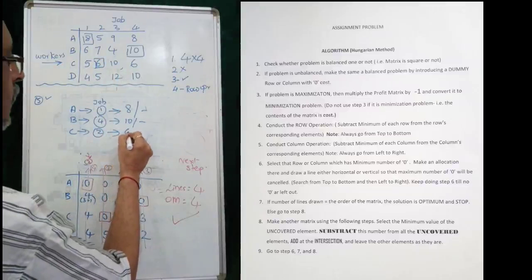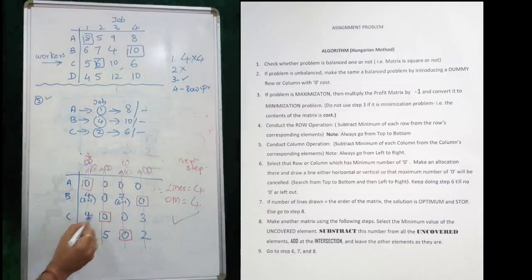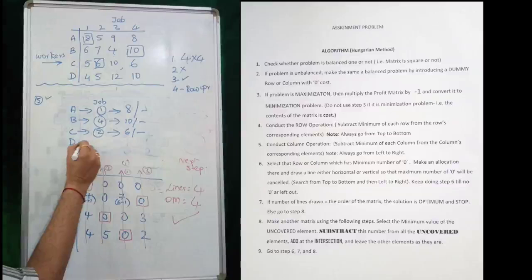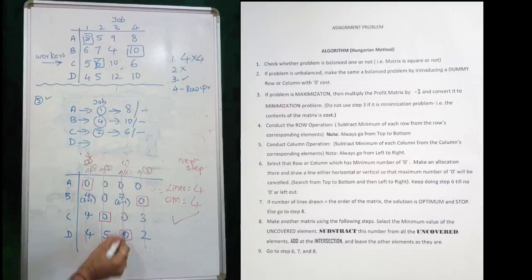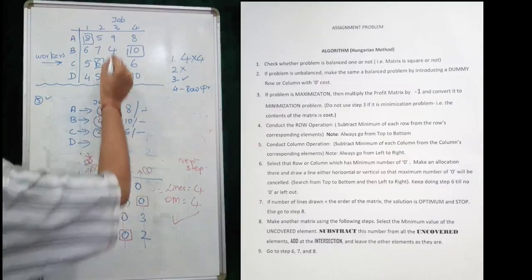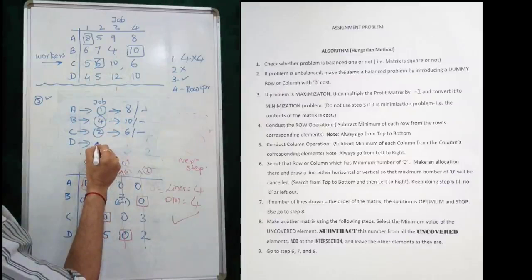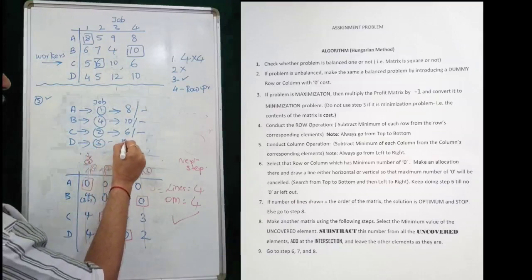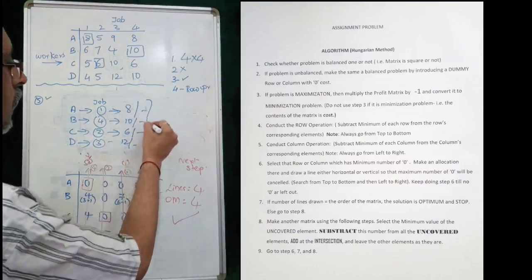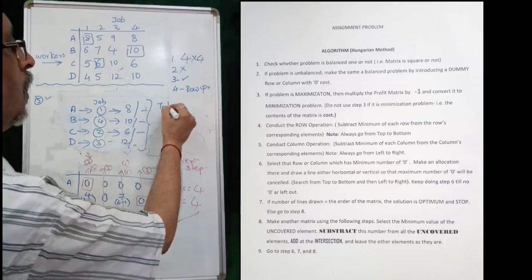Here it is going to be 6 rupees profit. And D is going to do which job? D is going to do job number 3, that is 12 rupees. What is the total profit?